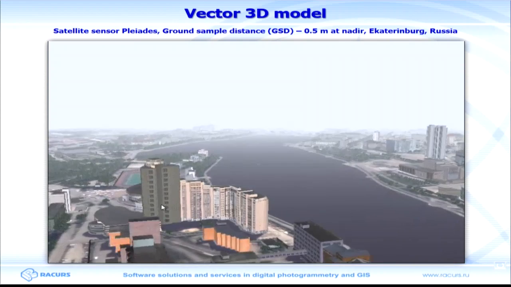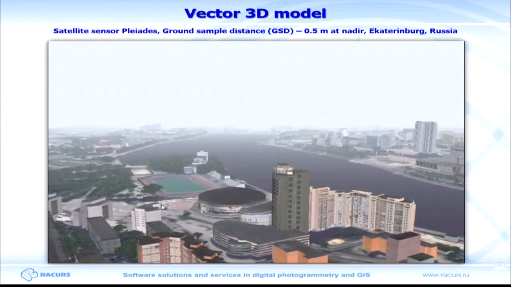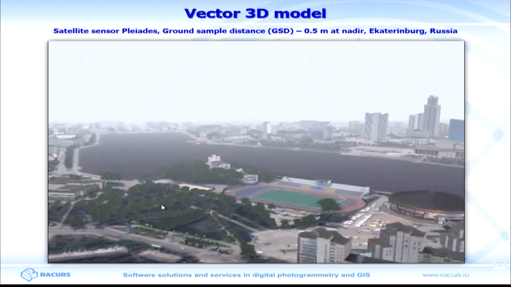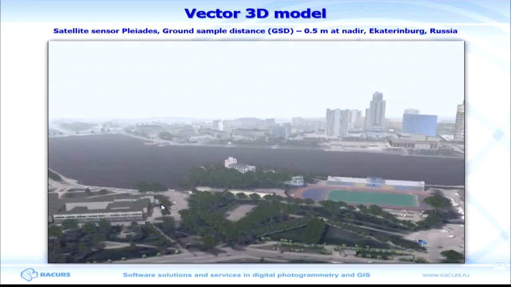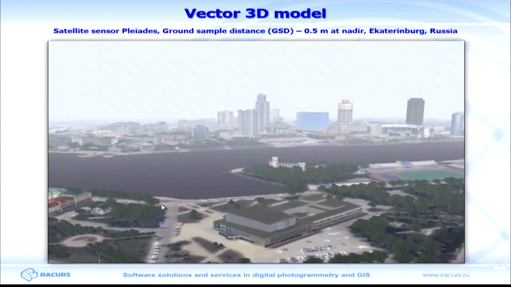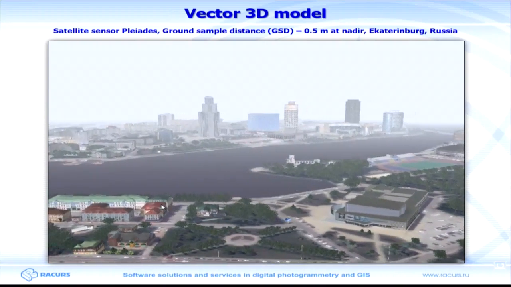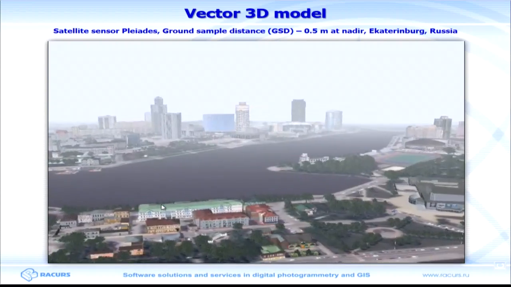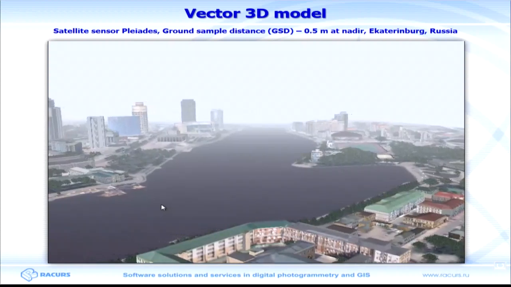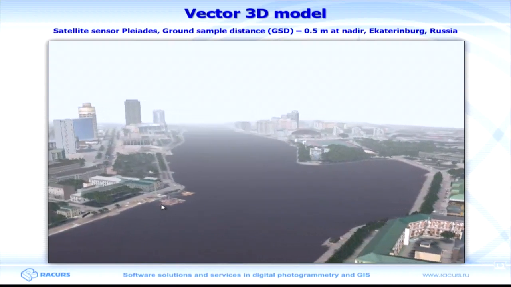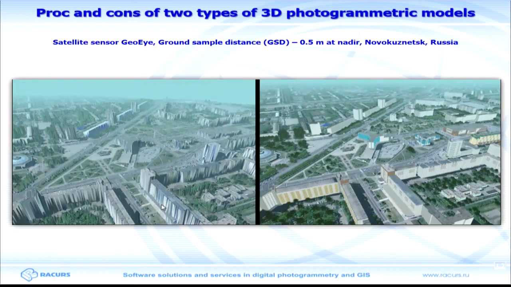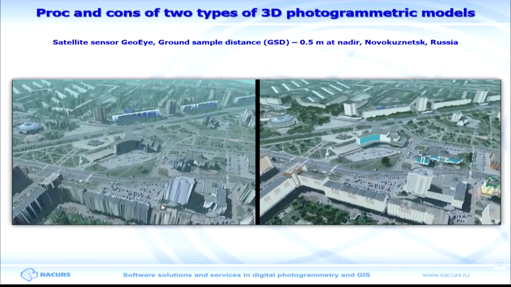This is a metric vector model based on space data. Its peculiar feature is that each object has its own relevance to the code disposition table. So we can delete residential houses, we can delete trees, because we're dealing with a database, and this is the main salient feature of this data, the main distinguishing feature.